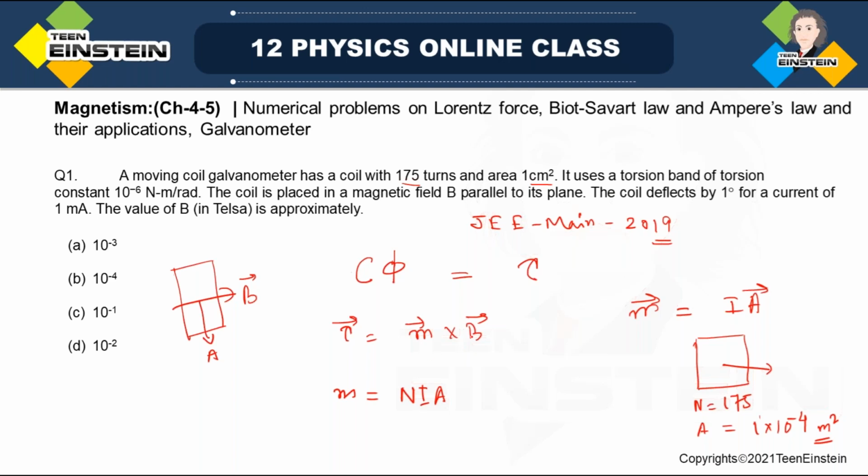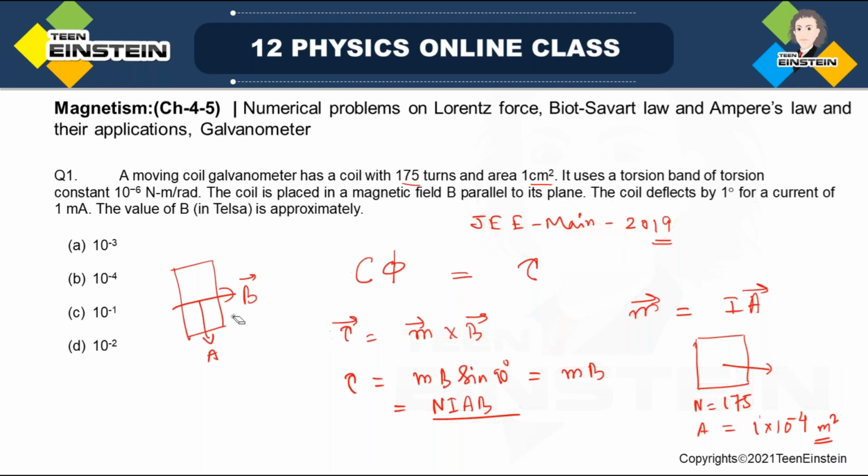So if we write what the torque is, the magnitude of the torque will be mB sine 90 degree, and sine 90 degree is 1, so mB. M is again N I A, so torque is NIAB in this case.